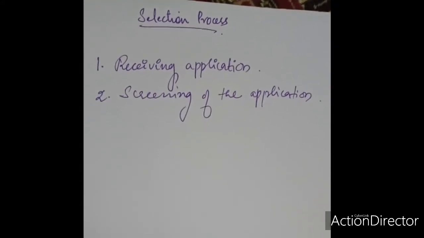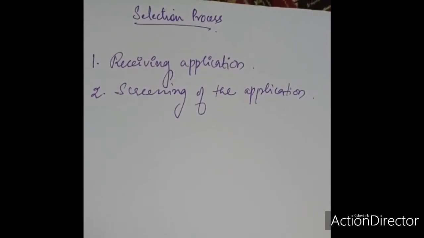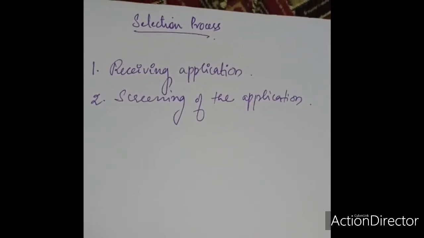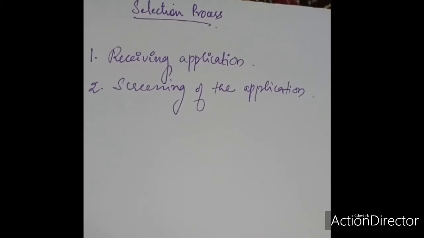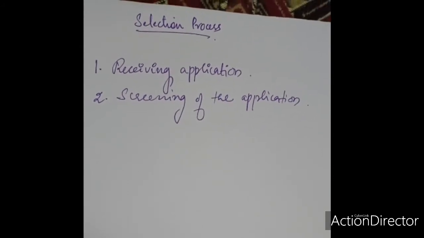Seeing the application form itself, they can reject, and such is what is happening in screening. That is, they'll eliminate the people who are not really eligible for the post. So that's what is happening in screening.